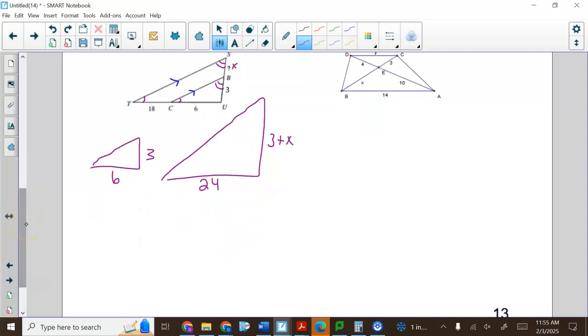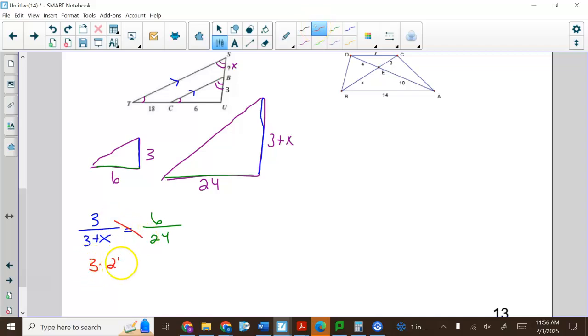So then from there, we can take the small side on the first shape, 3, over the corresponding side on that next triangle, 3 plus x. And then go back to that first triangle, 6, over that bigger triangle, 24. So you could simplify the fractions first or just start cross multiplying.